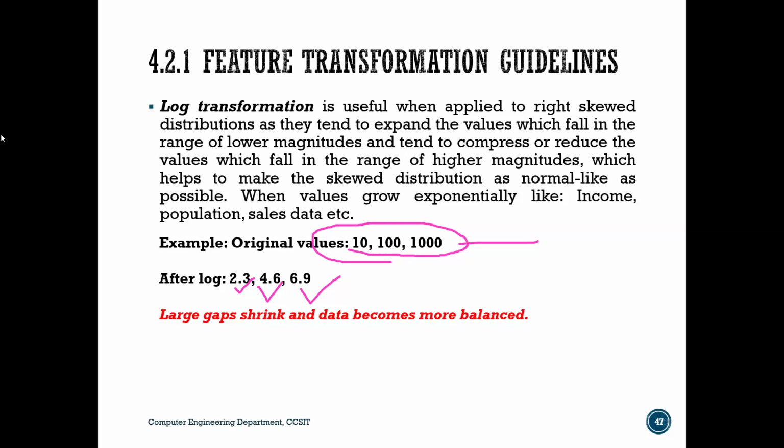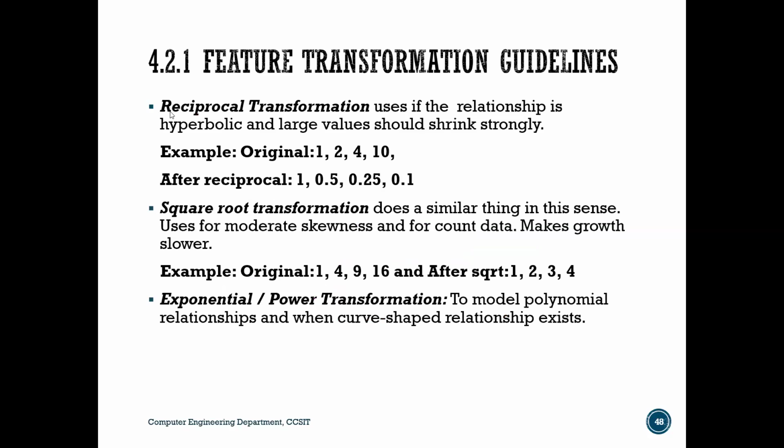We have another technique now, reciprocal. What is reciprocal? It means 1 upon something. I have this data 1, 2, 4, 10. I take 1 upon 1, so 1. 1 upon 2, 0.5. 1 upon 4, 0.25. 1 upon 10, 0.1. So I am taking the reciprocal, and now my data points are transformed.